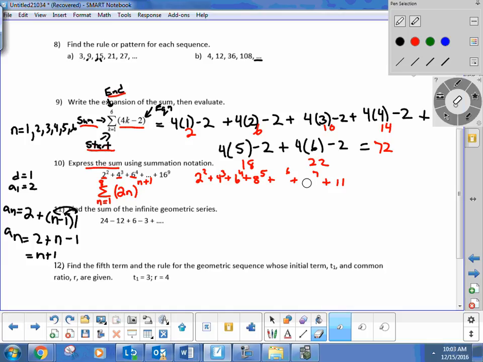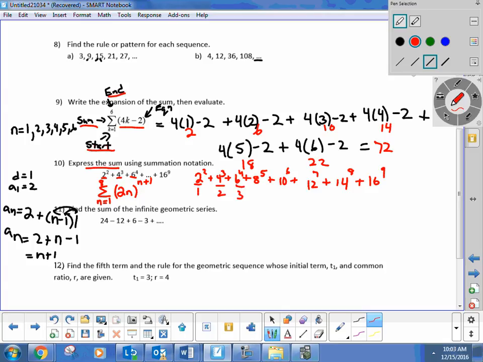It should be 14 to the 8th, then 16 to the 9th. But when I count them, a sub 1, a sub 2, a sub 3, a sub 4, a sub 5, a sub 6, a sub 7, a sub 8.